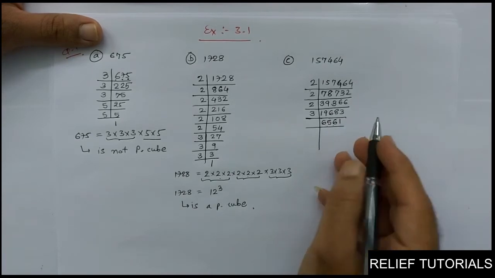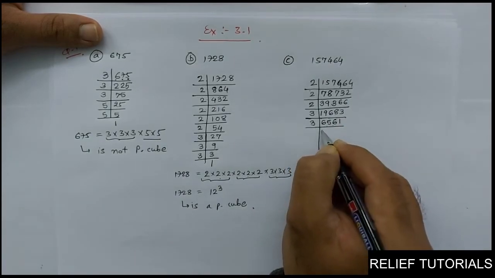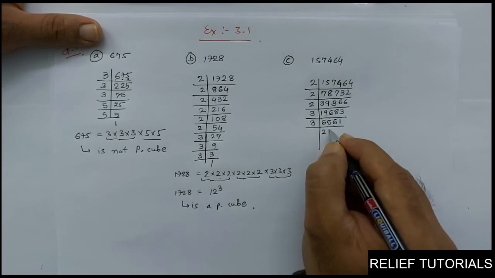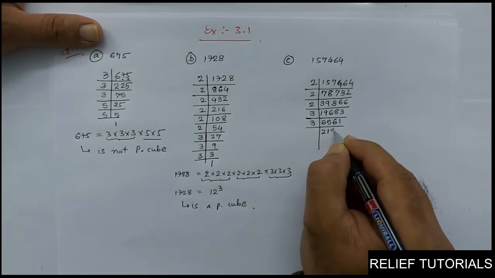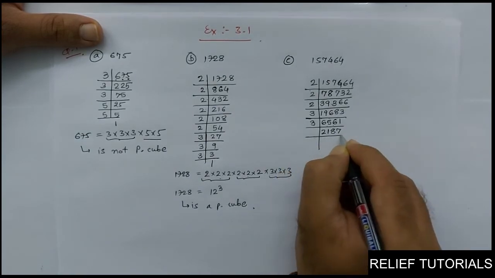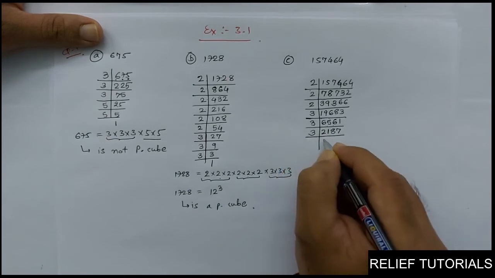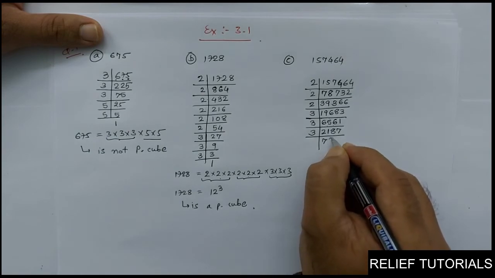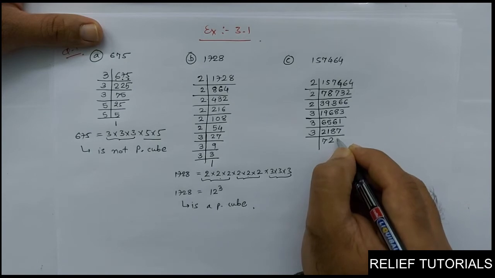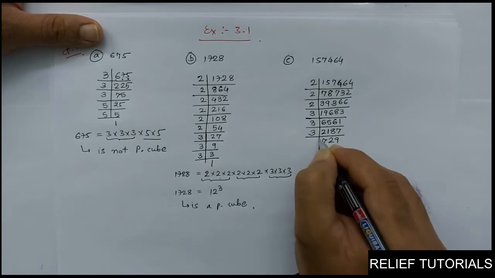So it is still divisible by 3. Dividing gives 2187, then let us try with 3 again: 3 7s are 21, 3 2s are 6, 2 left, 2 7 is 27, 3 9s are 27.